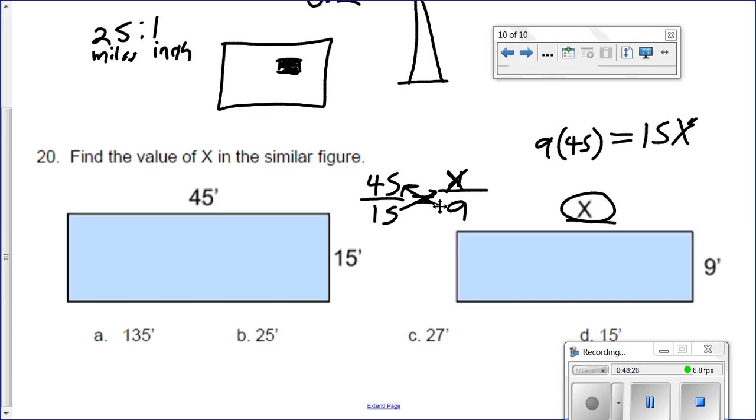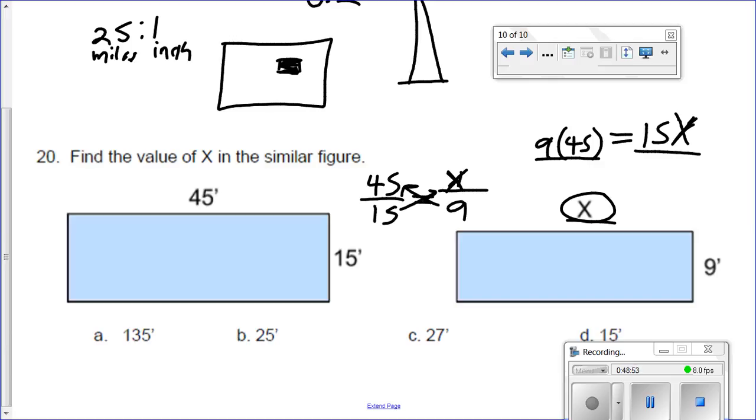Feel free if you're having problems with the solving for the x part. You would do whatever 9 times 45 is, some number, but eventually to get the x by itself, since it's being multiplied by 15, we have to do the opposite of multiplication, which is division.